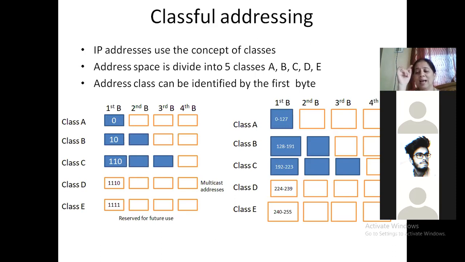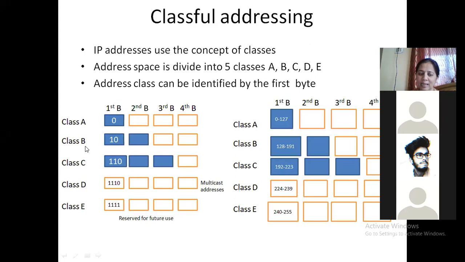That means class A addresses begin with 0. So if the first bit is 0, then it is called a class A address. In class A, as I have shown in this diagram, whatever is shown in blue color indicates network ID. Whatever is shown transparent indicates the host ID. So you can see 1 byte is used for network ID and 3 bytes are used for host ID. That means 8 bits are used to indicate the network ID and 24 bits are used to indicate the host ID.